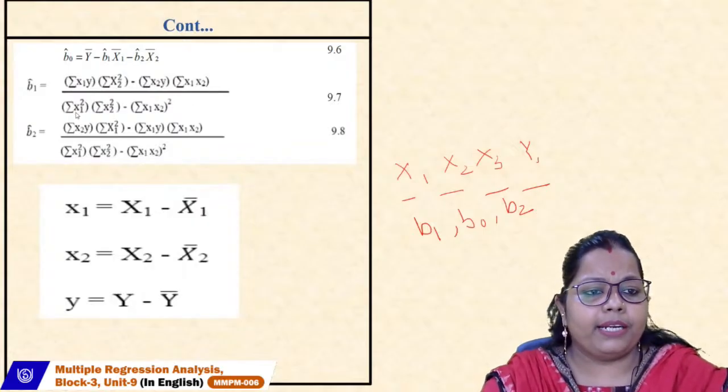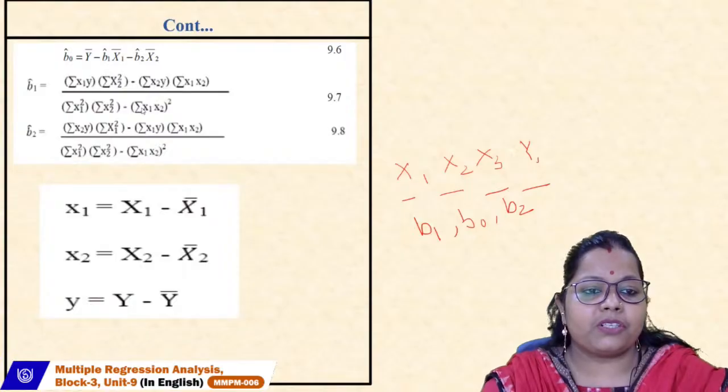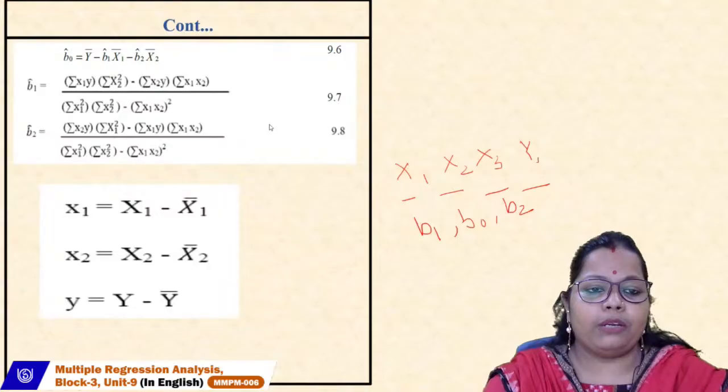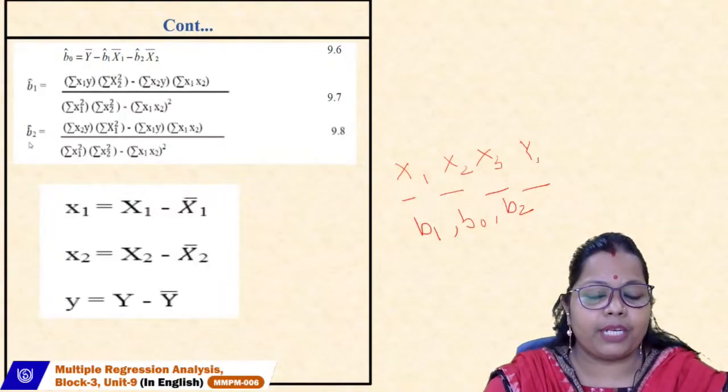Similarly, in the denominator, we have summation x1 square, which is multiplied with summation x2 square, minus the square of summation x1 x2. In the same way, we have defined the b2 hat formula in 9.8.